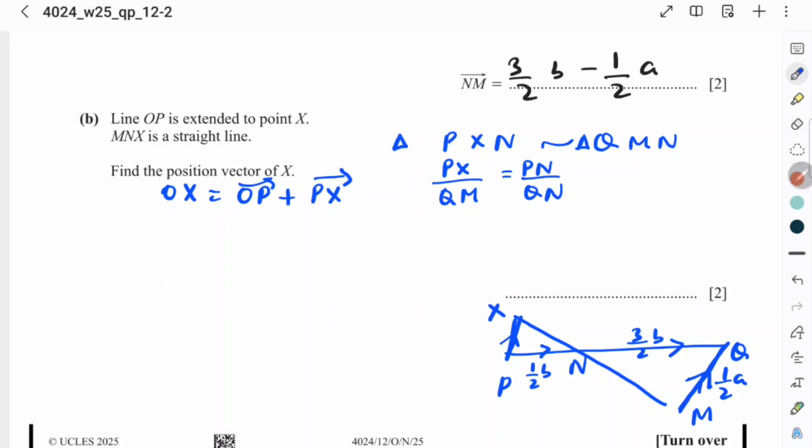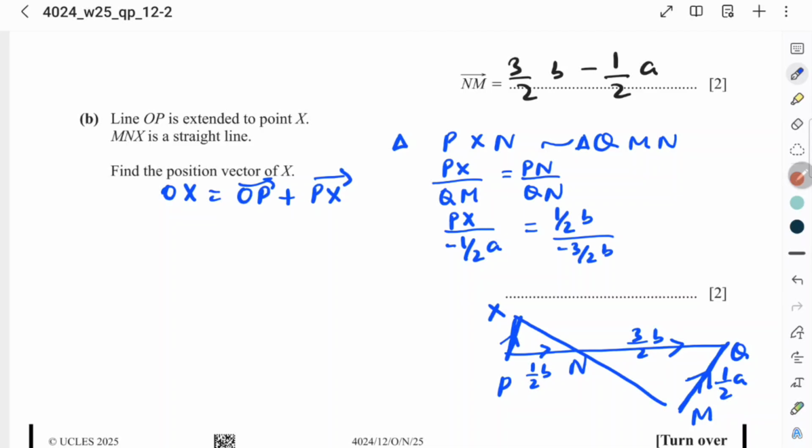PX is unknown, which is the question, and Q to M is coming in the opposite direction, so that is minus half A, and P to N is half B upon Q to N, again in the opposite direction, that is minus 3 upon 2B.